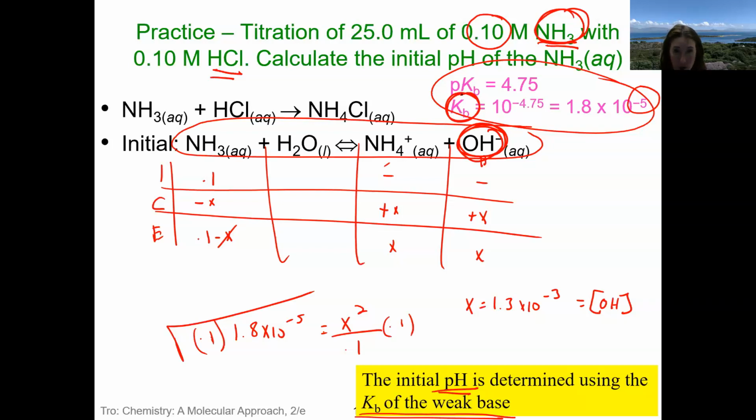So when we do this, you can either do your 10 to the negative 14th, Kw. I just like to do 14 minus negative log of 1.3 times 10 to the negative 3. Any questions on this part so far? So initial pH, Kb of the weak base.